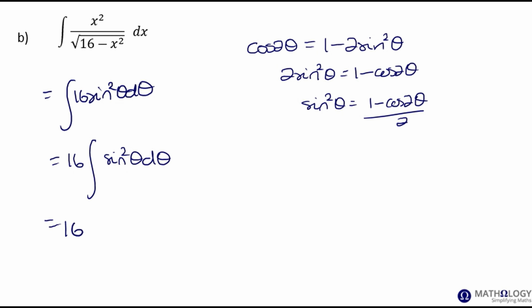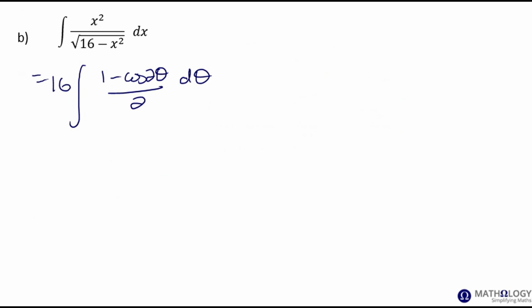So we have 16 times the integral of 1 minus cos 2 theta over 2 d theta. We can pull out the half, so 16 times a half will be 8 times the integral of 1 minus cos 2 theta d theta.